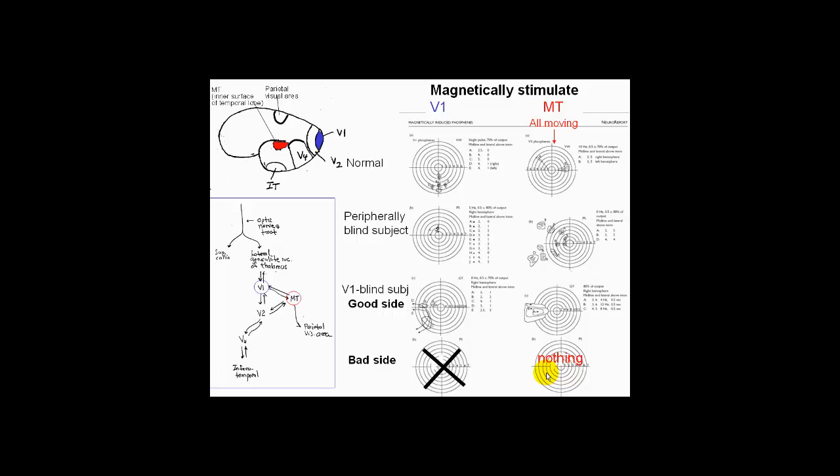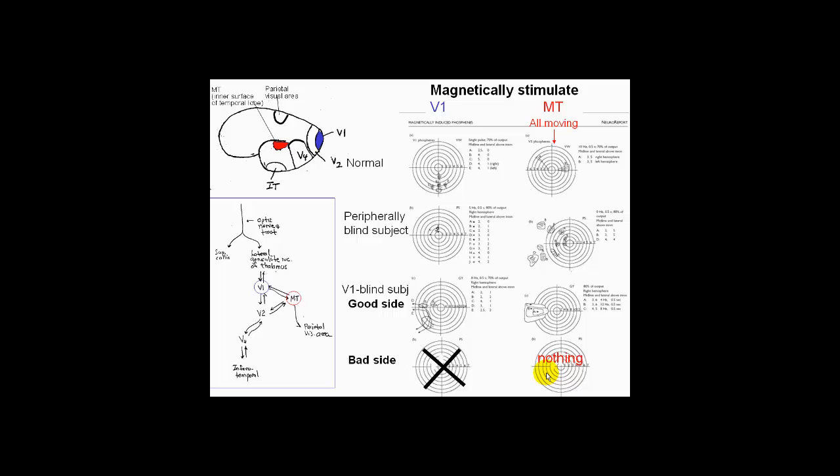So what it suggests is that the experience of this moving visual stimulus depends upon some interaction between MT and V1. Even though it's MT you're stimulating, you might think the consciousness should see a moving thing.